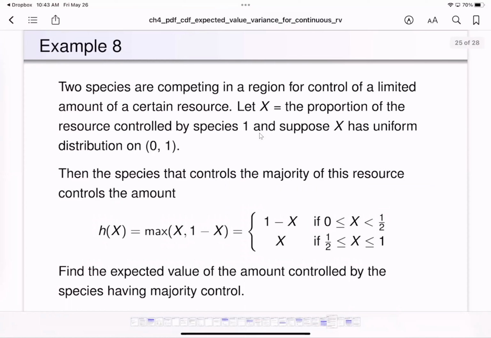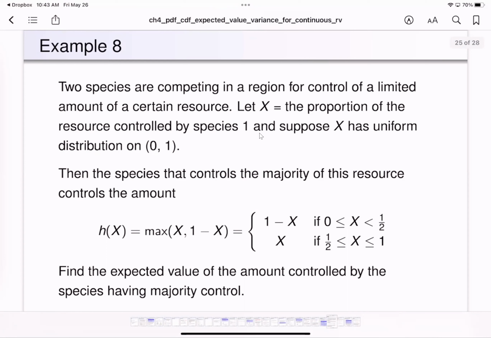On the other hand, if species 2 is dominant, then h(x) will be equal to 1 minus x, because that's the proportion of resource controlled by species 2. So essentially, our h(x) is the maximum between the two, x or 1 minus x, depending on where the x value is.